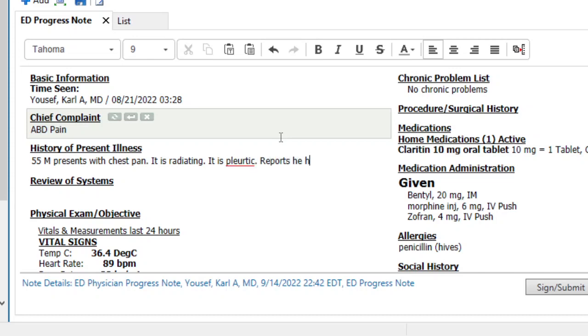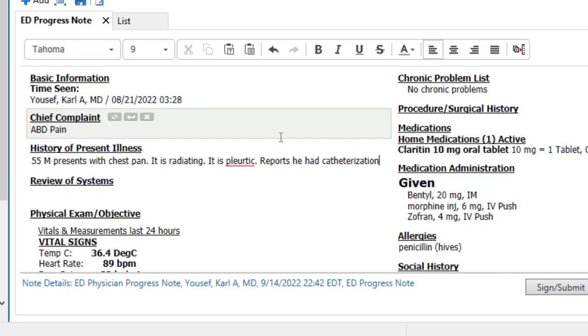Reports he had catheterization, which if you are typing this often, it should also have macros and dot phrases, so you should not be typing those words out. But it's sort of unorganized, and it just doesn't follow a train of thought or a pattern of thought.